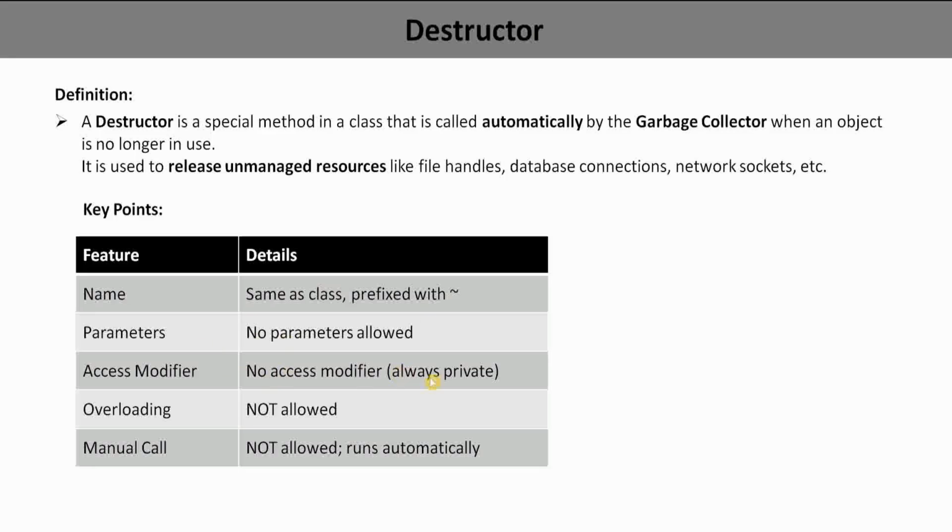Access modifiers: it is always private, with no access modifier. Overloading is not allowed, so there will be only one destructor. Manual call is not allowed; it runs automatically, run by the garbage collector.